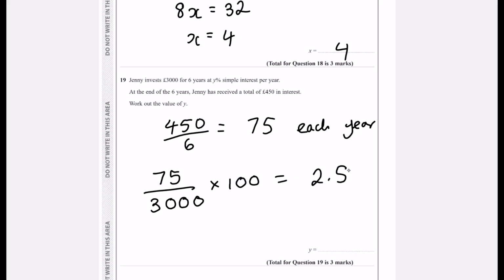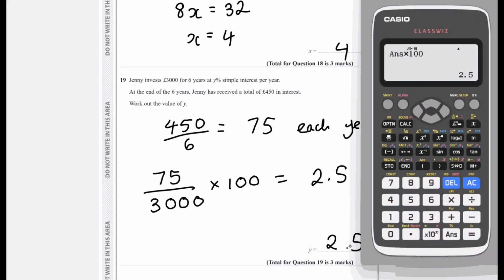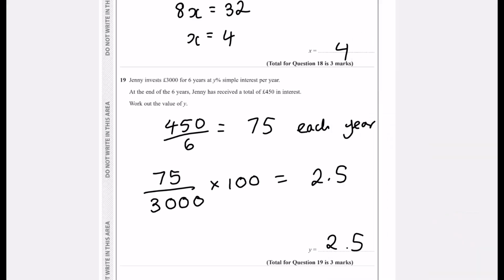So it's 2.5%. And again, we can check this by working out backwards. So 2.5% of £3,000 is £75, and 6 times that, £450.